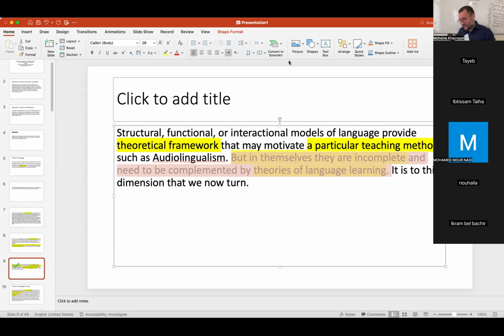But I don't understand what the relationship is between this example and what we said. Tayyib? Yes. There should be a dialogue, interaction between you and Nuhaila. So here we see the theoretical framework. For example, the theory of language here is that language is viewed as a tool for communication. When I was in secondary school, the teacher asked us to create a dialogue or conversation and perform a role play about ordering food in a restaurant.